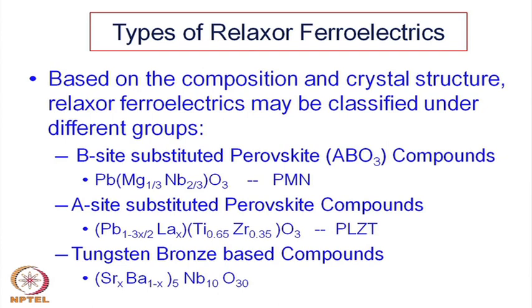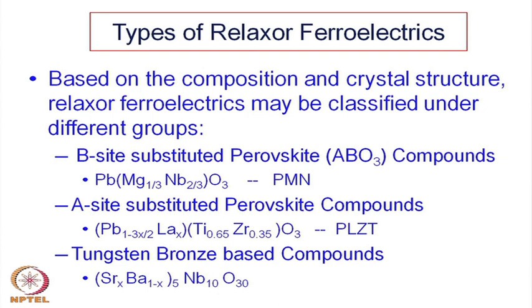And a third group comes, not exactly on perovskites, but a derivative of the perovskite structure, which is the tungsten bronze structure. That tungsten bronze based compound is basically niobium based, Nb10O30, and added to that you have strontium and barium in some proportion.